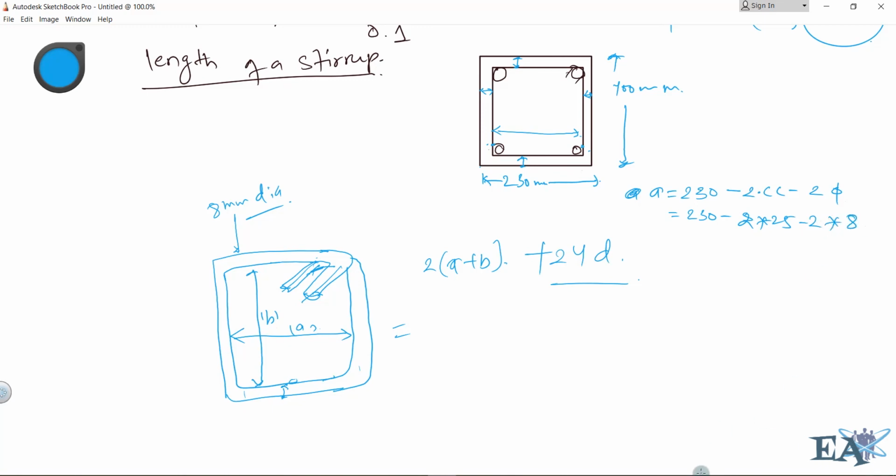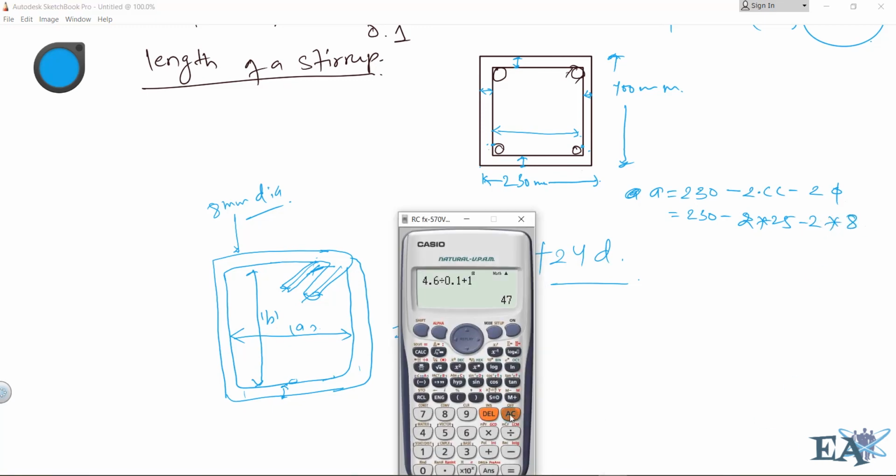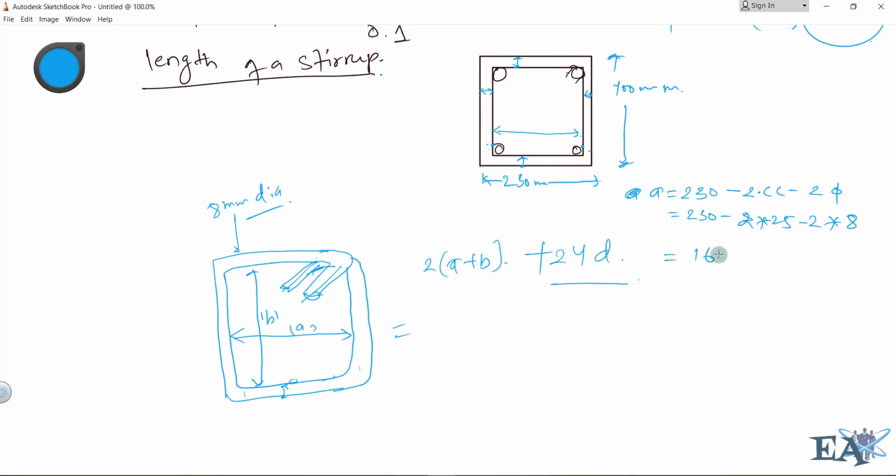So if I do that, you must have calculated it manually already. It's quite easy. 2 into 25 minus 2 into 8. Okay, all good. So it's 164 mm, which is equal to 0.164 meter.